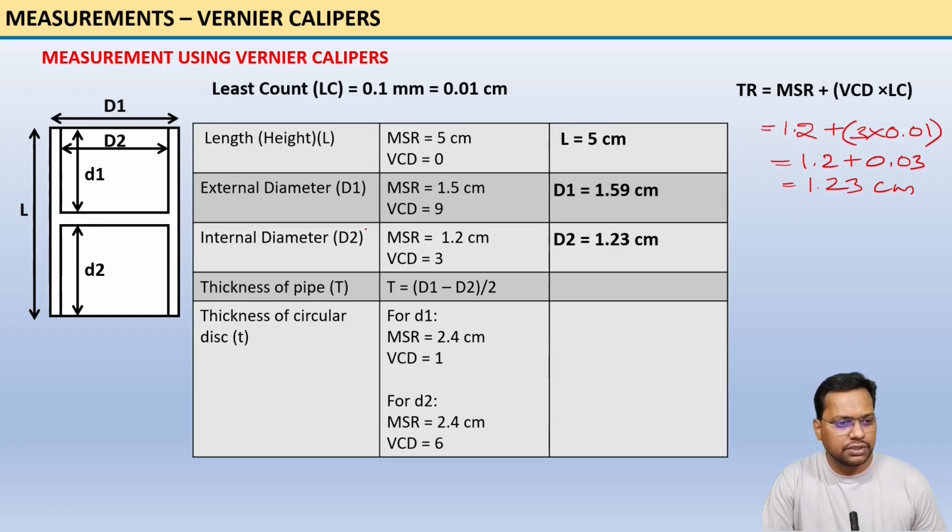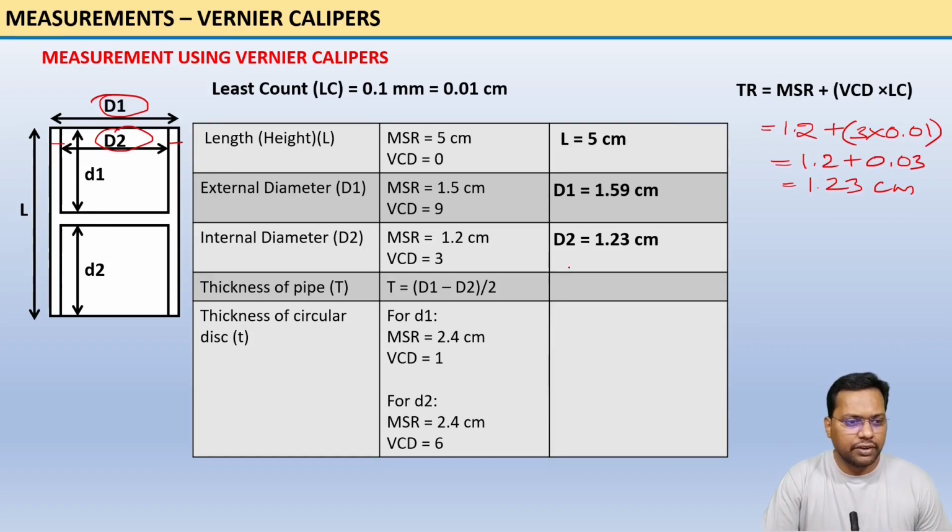Now, by using these two readings, the external diameter and the internal diameter, we can find out the thickness of the pipe. If you subtract D2 from D1, that is D1 minus D2, that gives double the thickness. Therefore, to find the thickness, we divide by 2, that is (D1 minus D2) by 2.